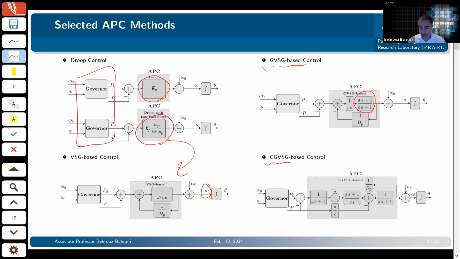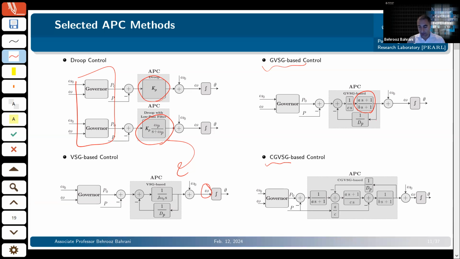So if A and B in this lead lag control are the same, obviously it becomes exactly identical to the VSG. But if A and B are not the same, then you can exploit certain advantages here and provide better performance, particularly less oscillations when you're in a stronger grid, because typically VSG-based control might give you a hard time when you're operating in a very strong grid.